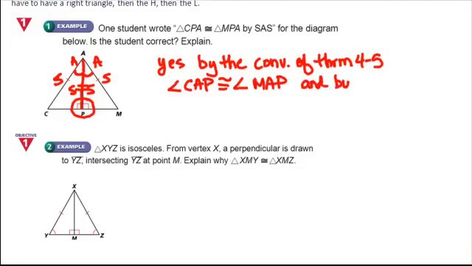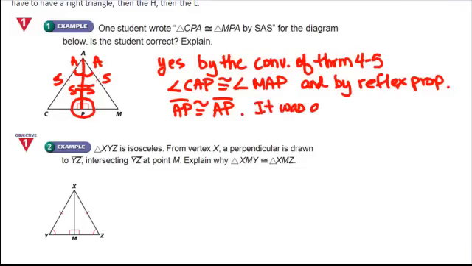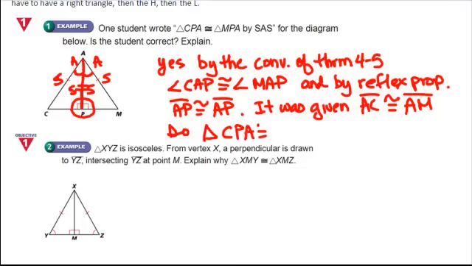And by reflexive property, AP would have to be congruent to AP. It was given AC is congruent to AM. So triangle CPA can be proven congruent to triangle MPA by side-angle-side.